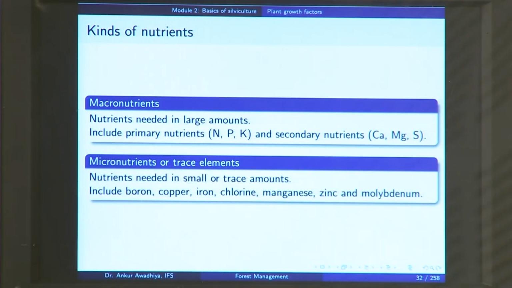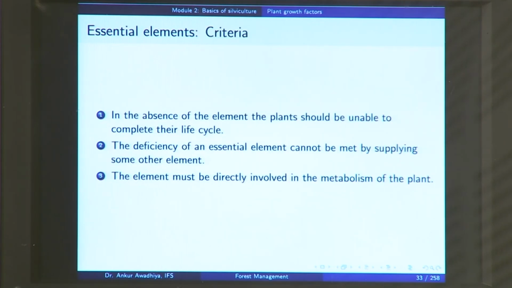Now, out of these nutrients, some will be called essential elements, and we define essential elements using three criteria. In the absence of the element, the plants should be unable to complete their life cycle. So, if you do not give the essential element to a plant, it will not be able to complete its life cycle, it will die off, or probably it will be unable to produce the next generation.